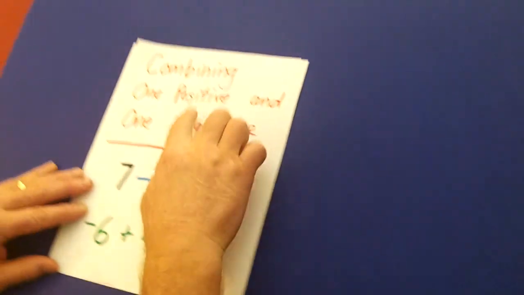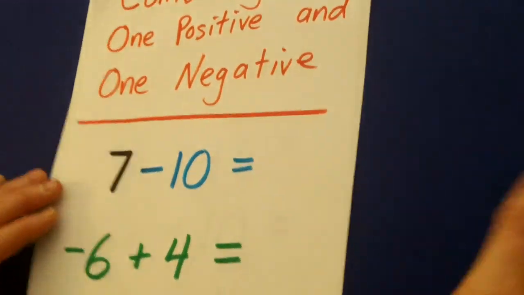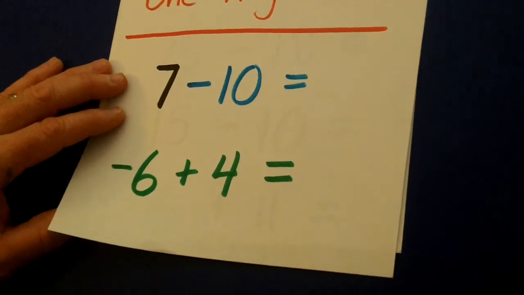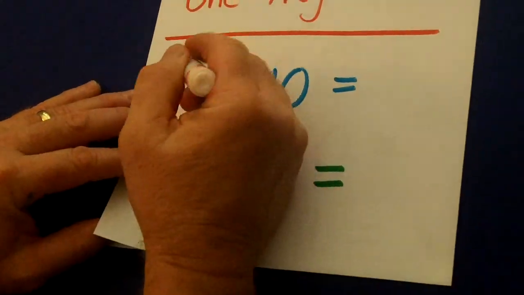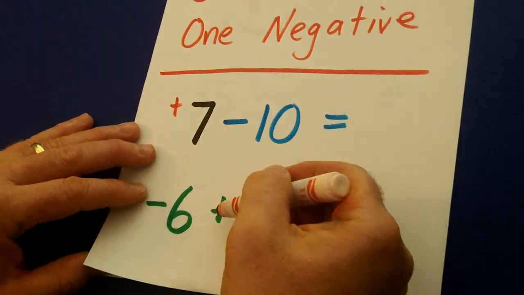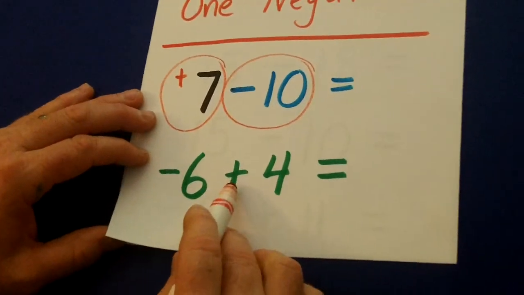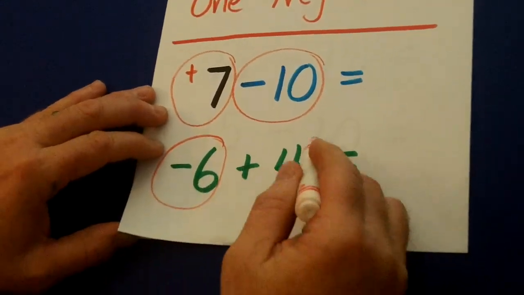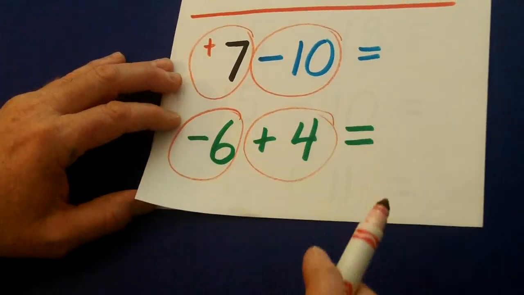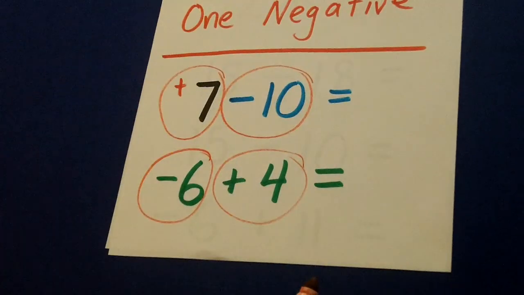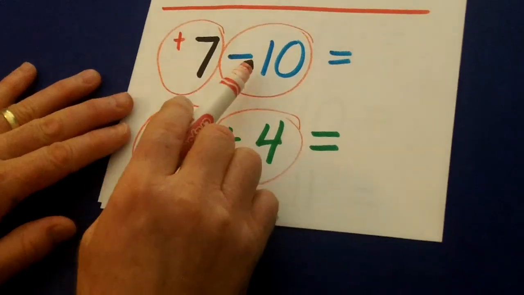Okay? The first situation that kids get mixed up on is combining one positive and one negative. And by combine, I either mean subtract or add. Okay? And you simply have to know, well, we are subtracting or adding, and we got one positive, one negative. Anytime we add or subtract, and we have one positive and one negative, we're combining one of each.